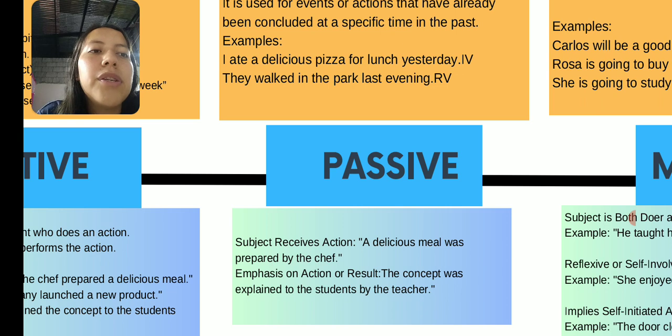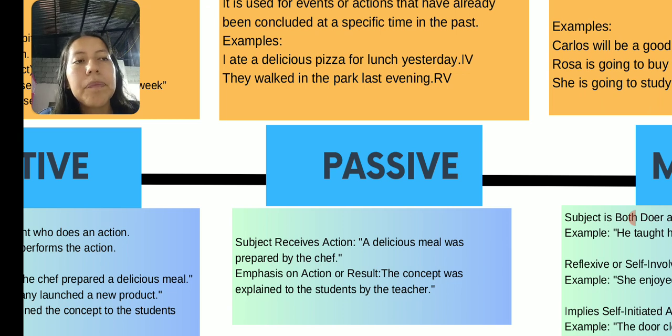For example, a delicious meal was prepared by the chef. The passive voice also emphasizes the action or result. The concept was explained to the students by the teacher.